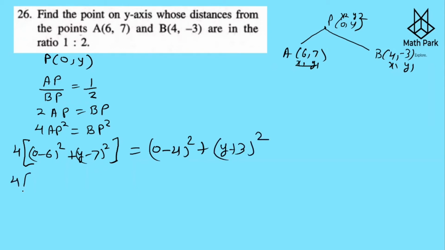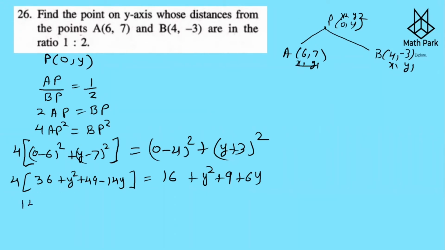So let us simplify: 6 square is 36, and (y minus 7) the whole square is y square plus 49 minus 14y, using the formula for (a minus b) the whole square. That is equal to 4 square, which is 16, plus y square plus 9 plus 6y, using the formula for (a plus b) the whole square. Let us multiply by 4 here. So 36 into 4, we get 144.